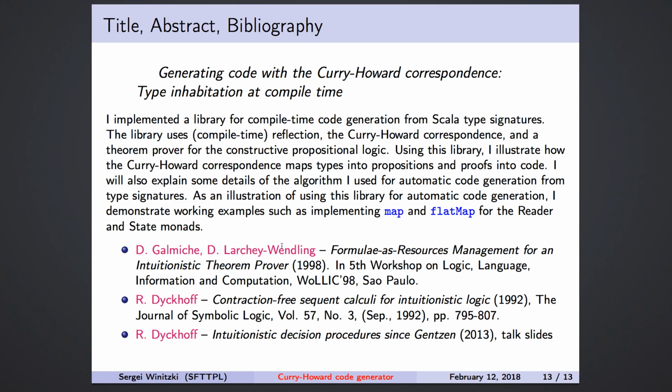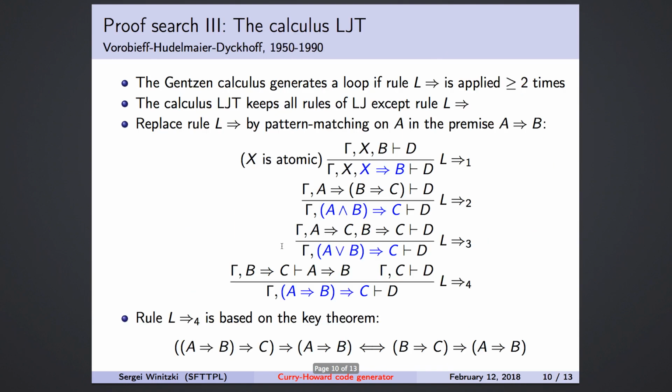So one thing that you do is you know that certain rules are always safe to apply. You don't lose anything if you apply them. But other rules are unsafe. If you apply them, you might get into a blind alley and you would have to backtrack. So the logicians already found that certain rules will never lead you astray. You can always apply them, it's fine. But other rules, you have to be able to backtrack from them.